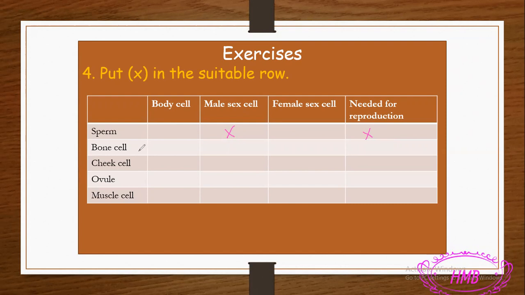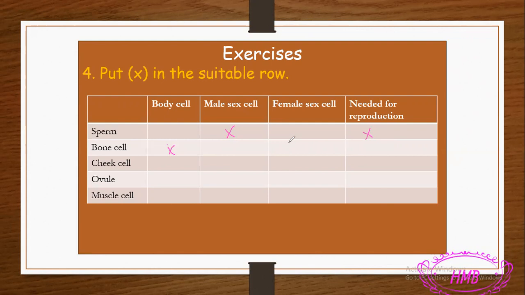Okay? Bone cell. Is bone cell a body cell? Yes. It's a normal cell in our body that is found in all my bones. Is it a male sex cell? Is it the one that determines if I am male or female? No, because it is found in both male and female. That's why we call it body cell. Is it a female sex cell?